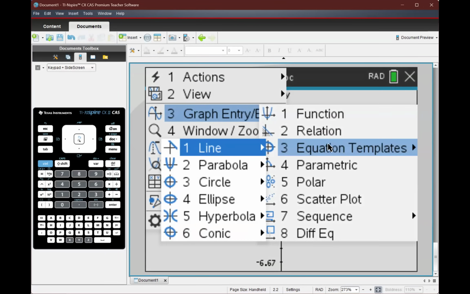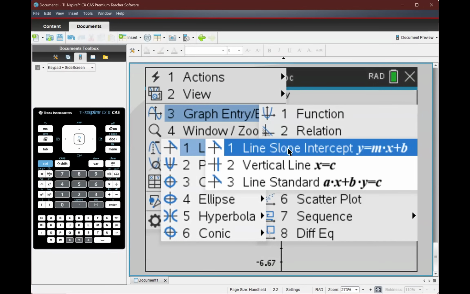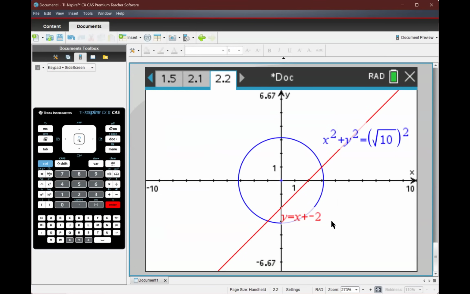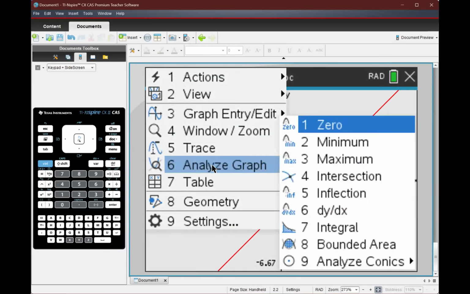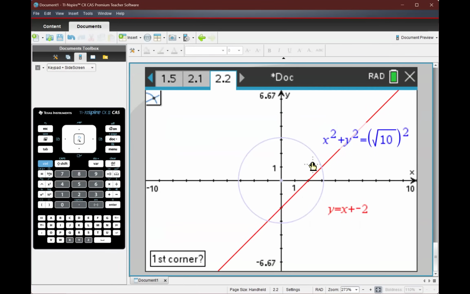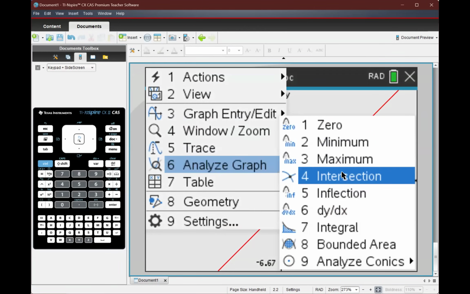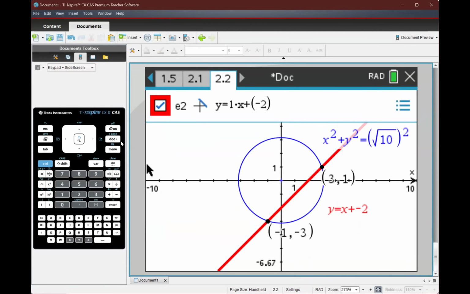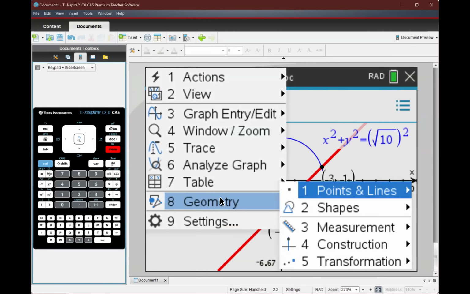We need to get an equation, a line. It's y equals 1x minus 2. And can I find the intercept? This is the y-intercept. Here's another intercept. So we would like to find a segment, the minor segment area.